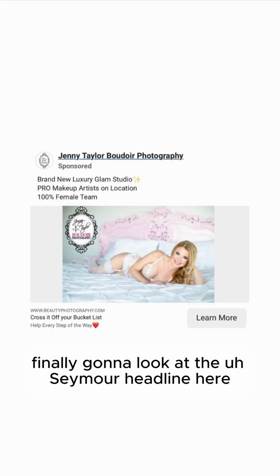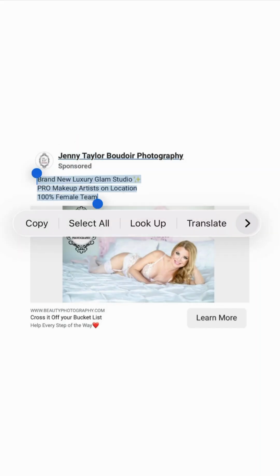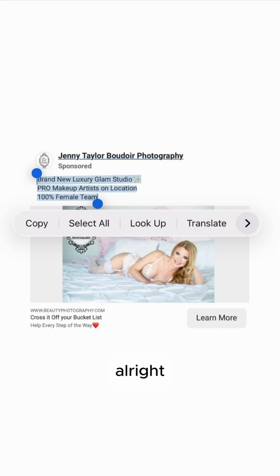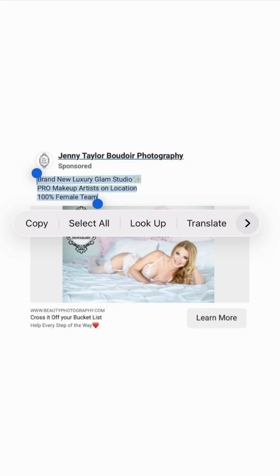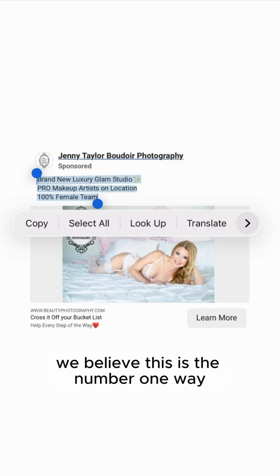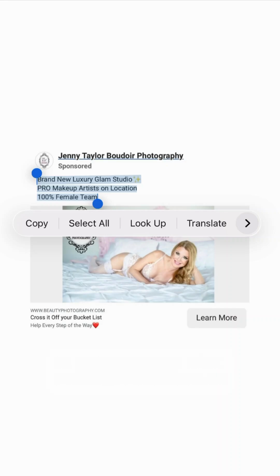All right, finally going to look at the headline here. First 2 3/4 lines, Facebook mobile news feed. Brand new luxury glam studio. Pro makeup artist on location. 100% female team. All right, so this is the us mistake. We're talking about us, we're talking about us, we're talking about us. The false belief that caused us to make this mistake is we believe this is the number one way to get buyers to click somewhere on our ad and get our ad into their brain.